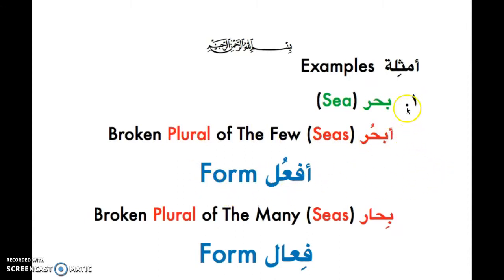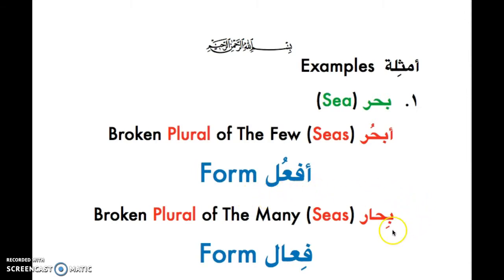Anyhow, so bahar, and right here we have two forms, abhur, which also means seas, same as bihar. The first one is a broken plural of the few, abhur. I'm going to say it again, abhur, and it's of the form af'ul.